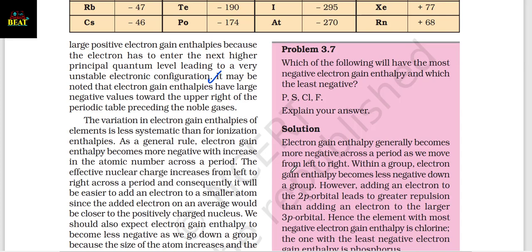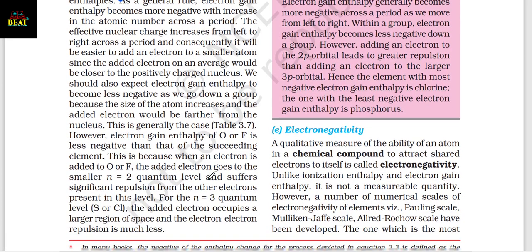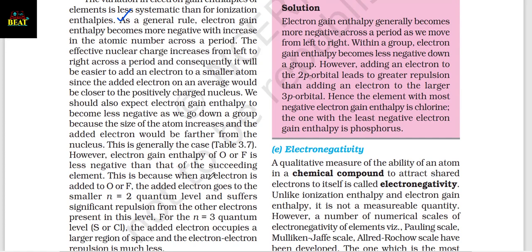It may be noted that electron gain enthalpies have large negative values towards the upper right of the periodic table preceding the noble gases. The variation in electron gain enthalpies of elements is less systematic than the ionization enthalpies. As a general rule, electron gain enthalpy becomes more negative with increase in the atomic number across a period.